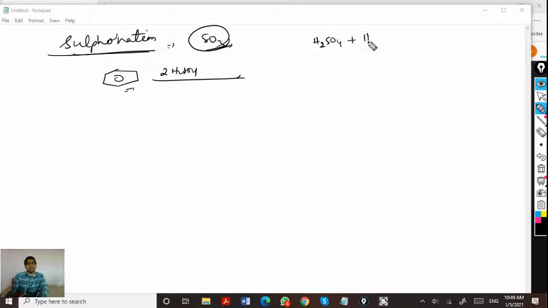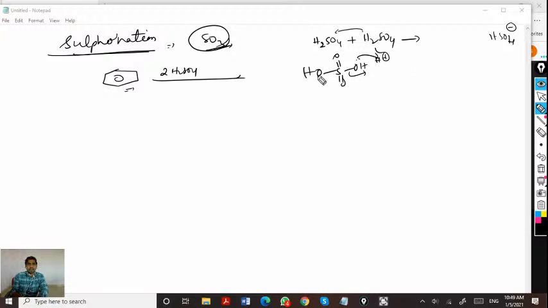If I use H2SO4 plus H2SO4, one of the H2SO4 releases H plus and the other will take it up. The one which released the H plus becomes HSO4 minus. The other molecule takes the H plus, so it becomes H2O plus and will be eliminated.